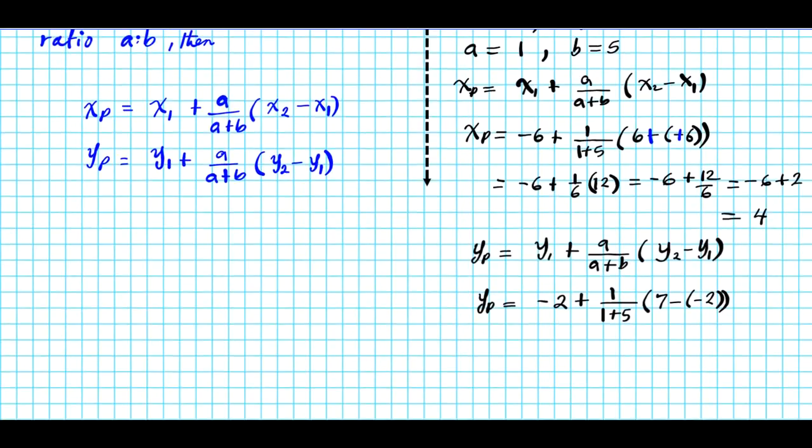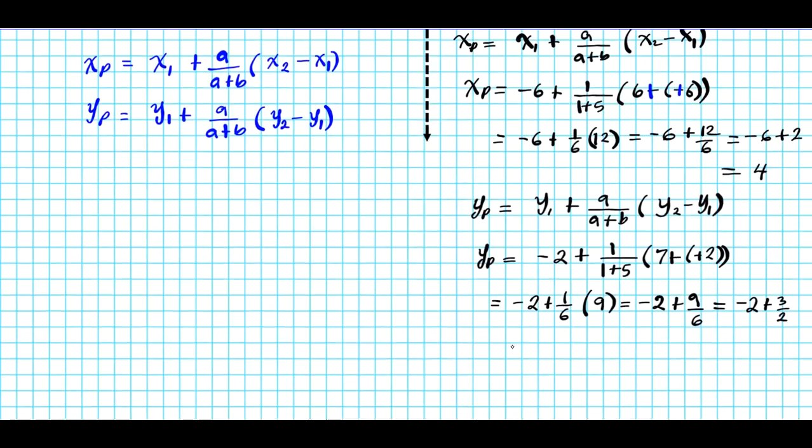Now let's go ahead and work this out. We're going to have negative 2 plus 1/6 times 9. That gives us negative 2 plus 9 over 6. Now if you simplify this, you have negative 2 plus 3 over 2.